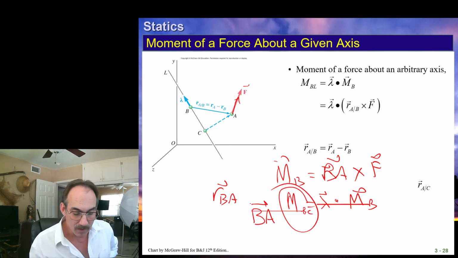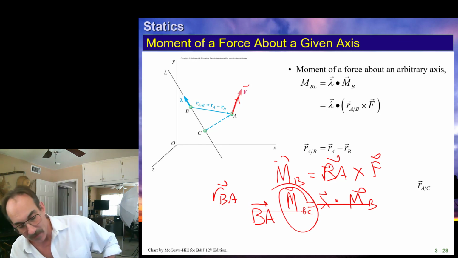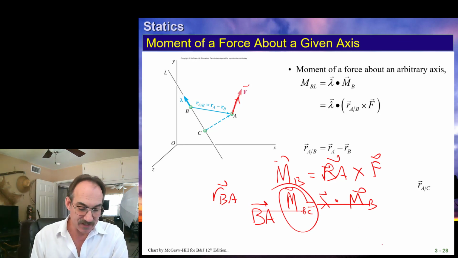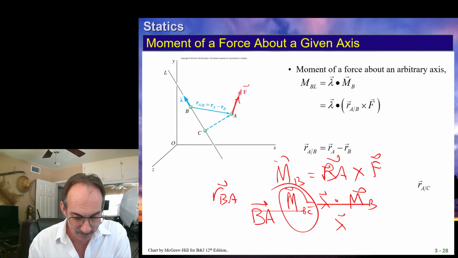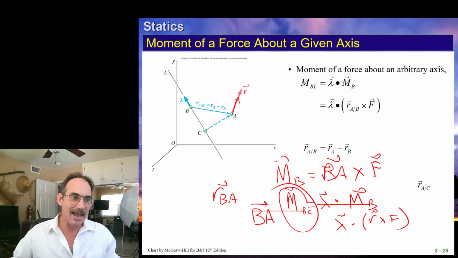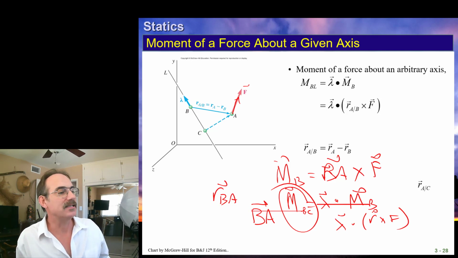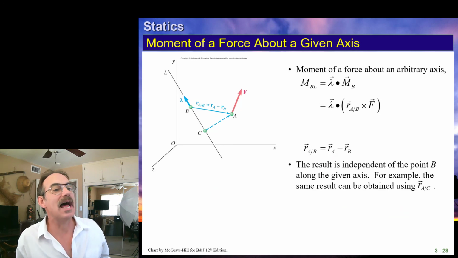That's the projection onto that axis. This is a mixed triple product because we're taking lambda dot r cross F. Comprende?